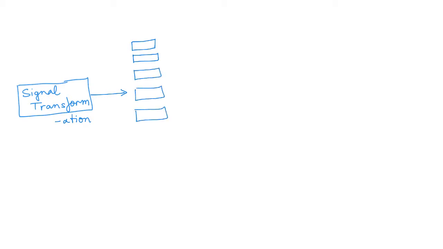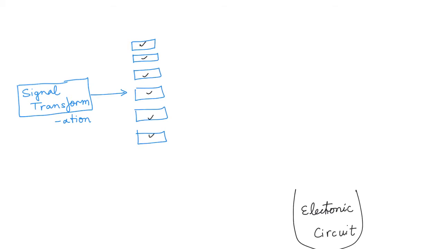For these series of transformations, you want to look into your bag of electronic circuits and see whether you can find an electronic circuit in your bag that can do each of these transformations.